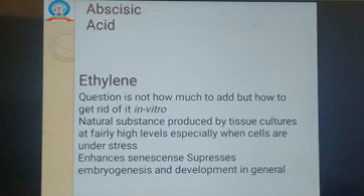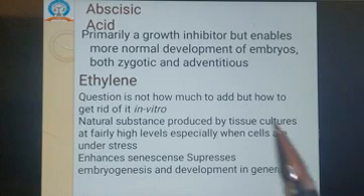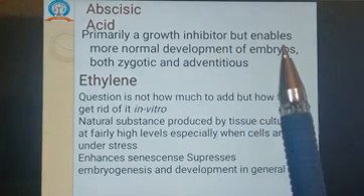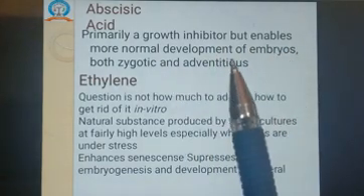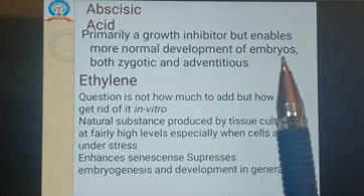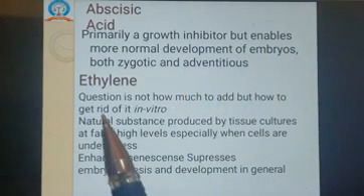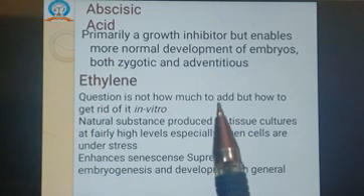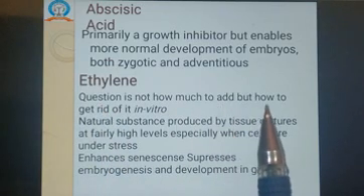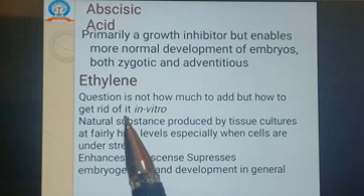Abscisic acid is primarily a growth inhibitor but enables more normal development of embryos, both zygotic and adventitious. For ethylene, the question is not how much to add, but how to get rid of it in vitro.